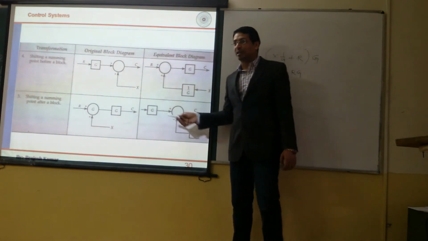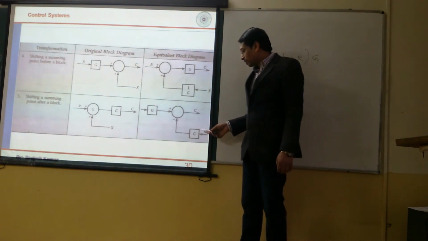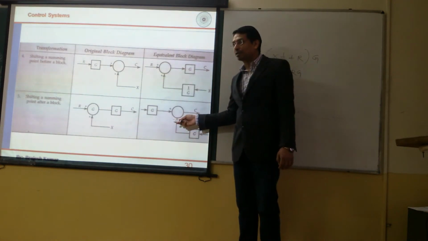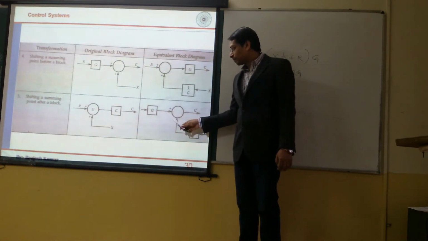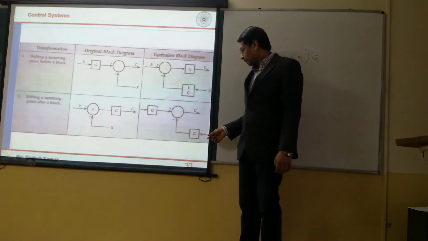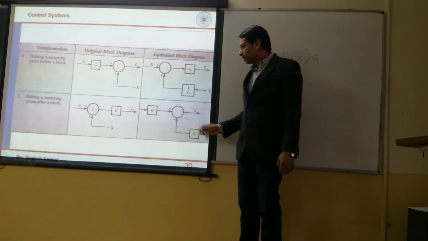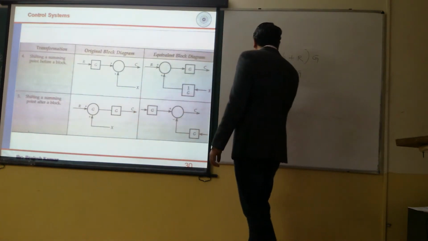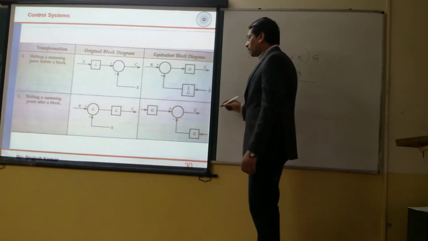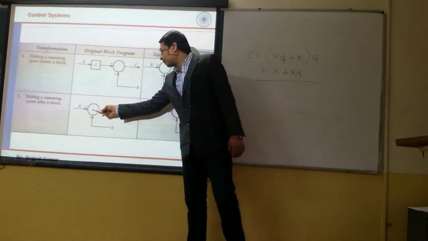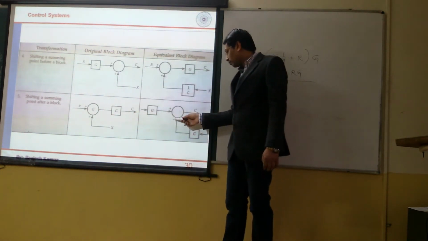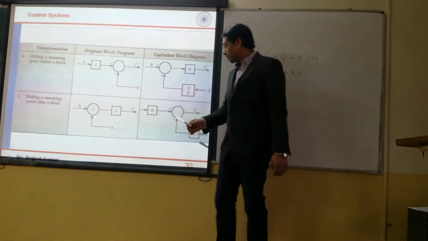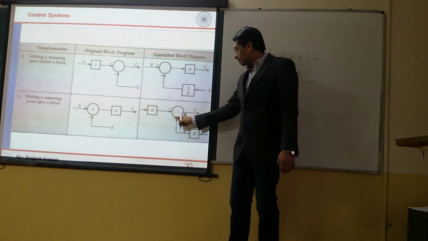Because these two configurations are similar, what will be the output here? It should be positive. So the summing block is containing G in the original block diagram. Here there are two mistakes: G should not be there, it has been written by mistake, and here it should be positive.